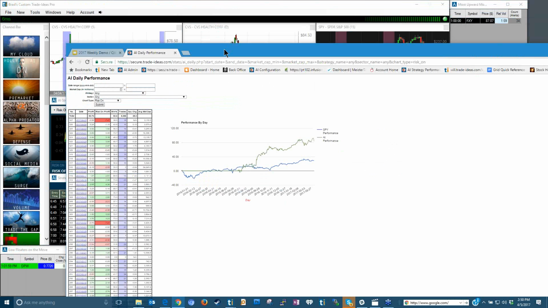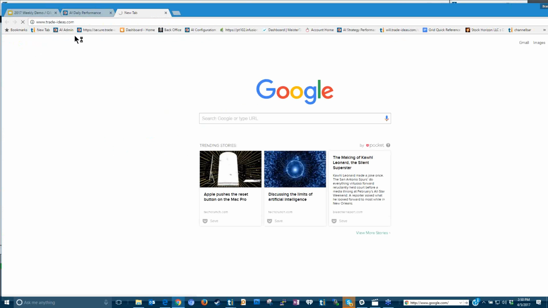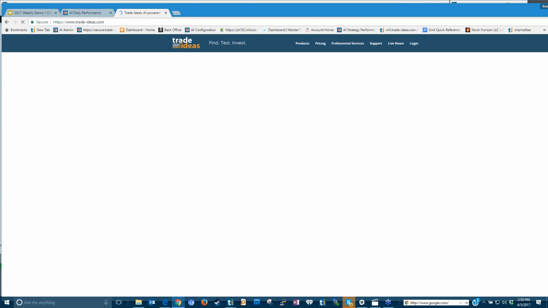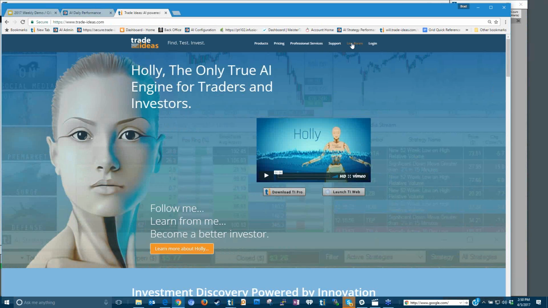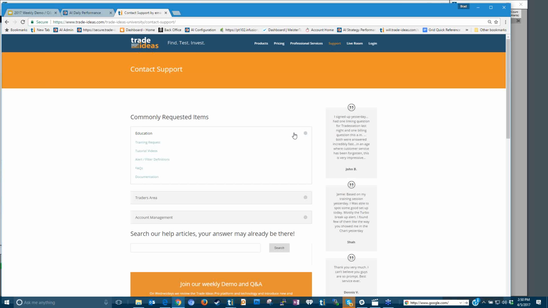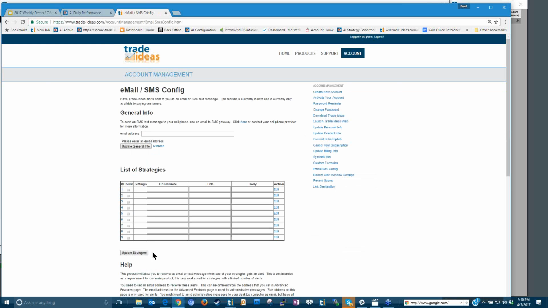So, the question, I'm sorry, the question was about SMS. So let me go to our web page. To get to the trading room, by the way, right up here at the top, live room, you'll want to check that out. So let's go to the support tab, the support button, and we'll go to account management and email SMS settings.